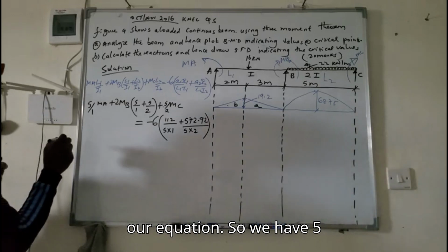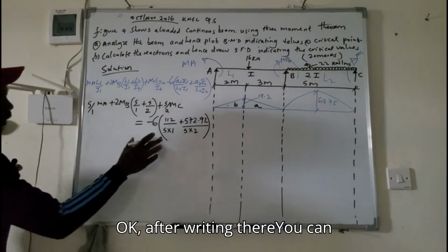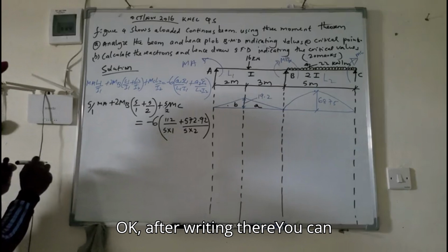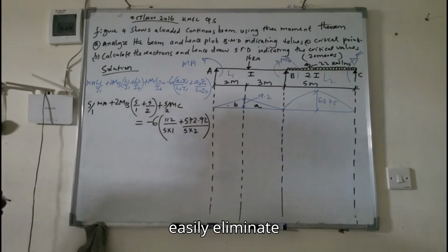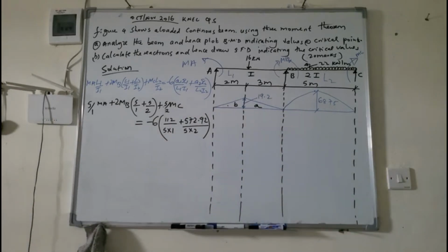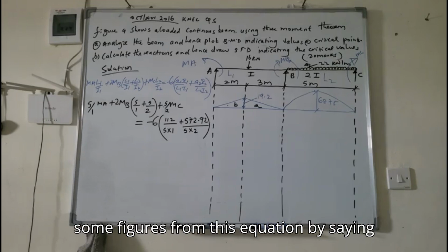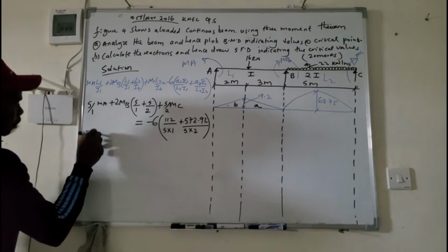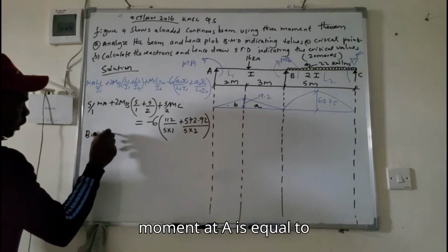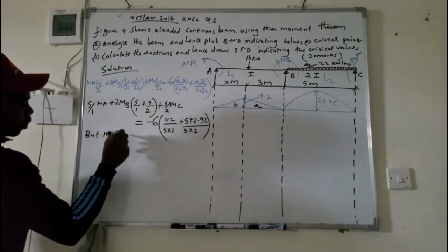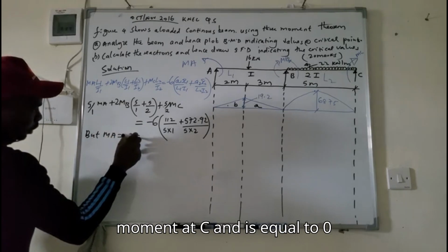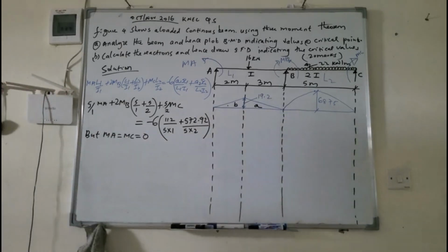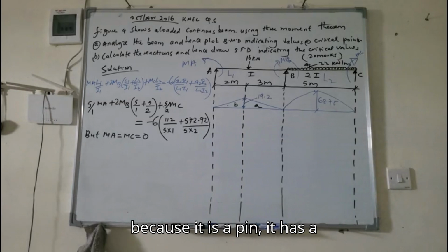So we have 5. After reaching there, you can easily eliminate some figures from this equation, because moment at A is equal to moment at C and is equal to 0, because it has a pinned support.